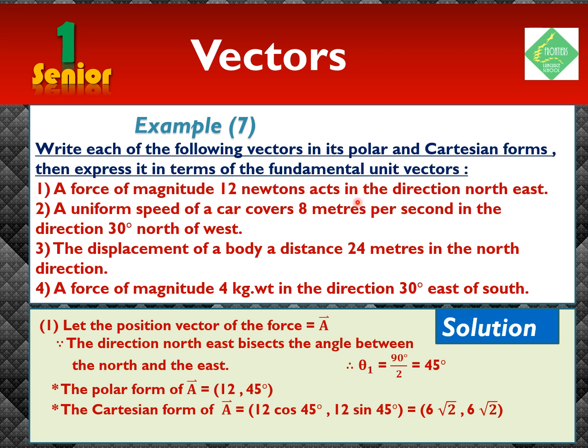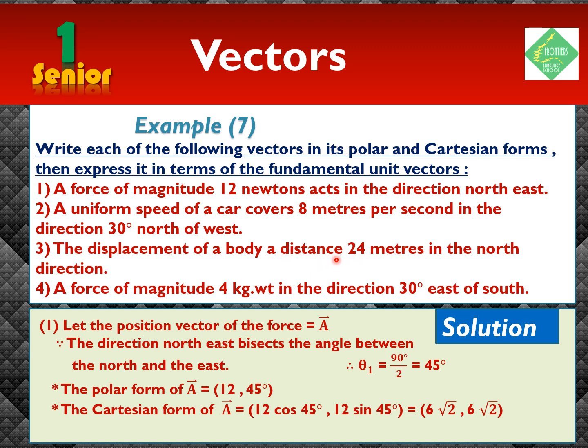When you find 30 degree inclination with the negative part of the x-axis, you will calculate the angle with the positive part of the x-axis. So you will find 90 degree plus the rest of 90 minus 30, which is 60. So the angle will equal 150. By the same way, here the norm is 8, and the angle will be 150.